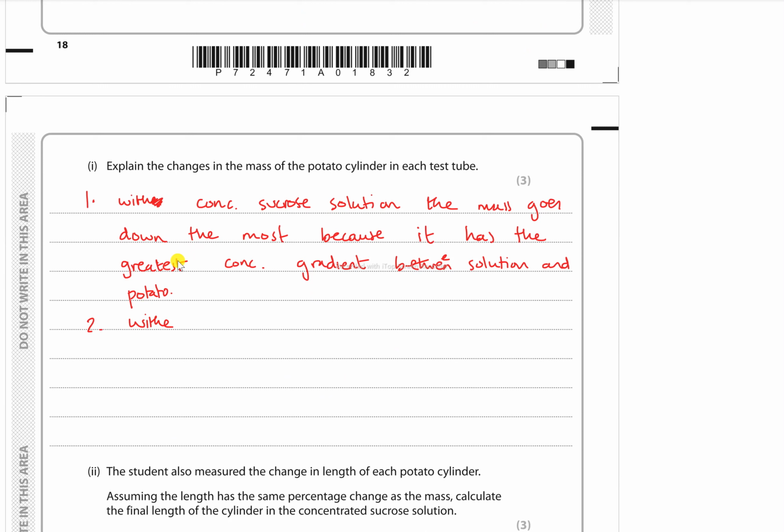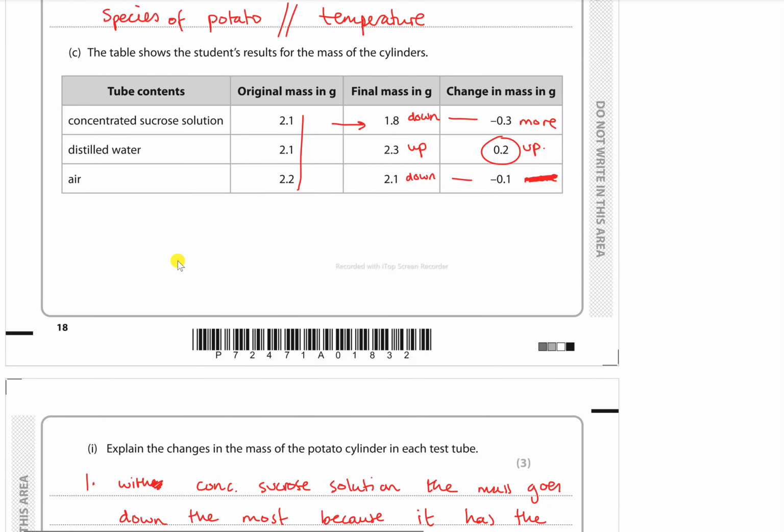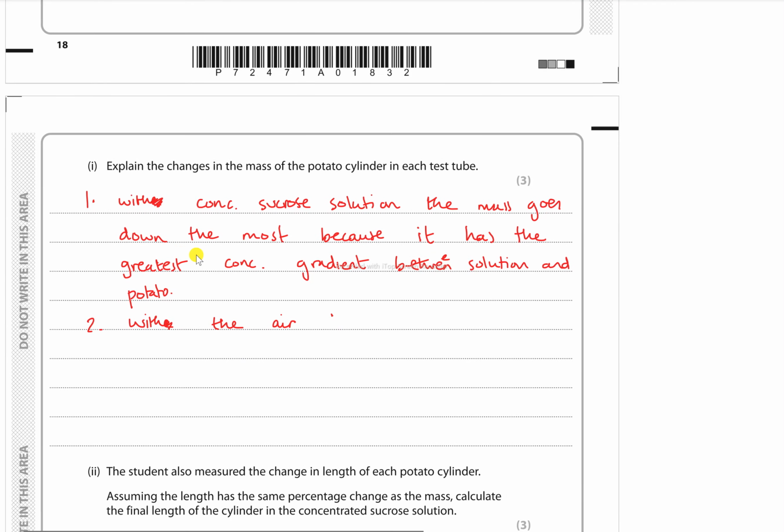With the air, let's have a look. With the air, a small change occurs. Why does a small change occur?